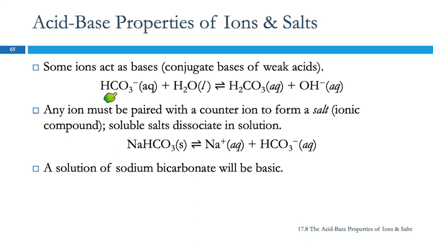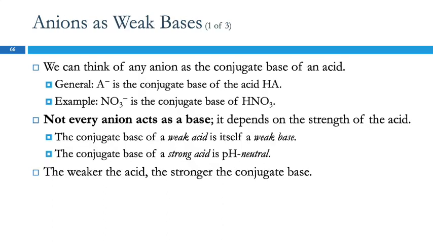Hydrogen carbonate ion is the conjugate base of this acid, of this carbonic acid. So any anion can be thought of as the conjugate base of an acid.